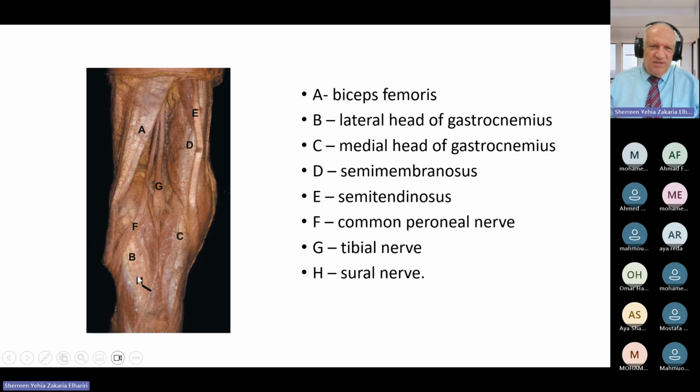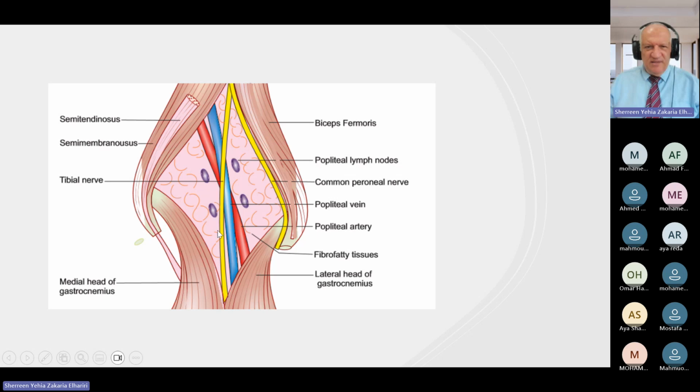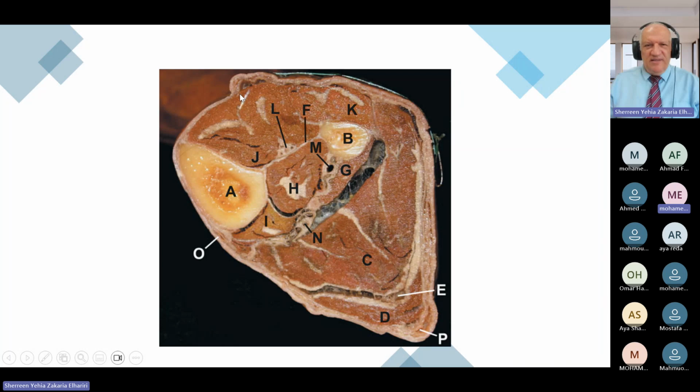It's very important to know the femoral triangle, popliteal fossa, and the structures around them. This is a colored picture, so it's easy. This is a cut section in the lower leg, because we have two bones, tibia and fibula. This is anterior, this is posterior.